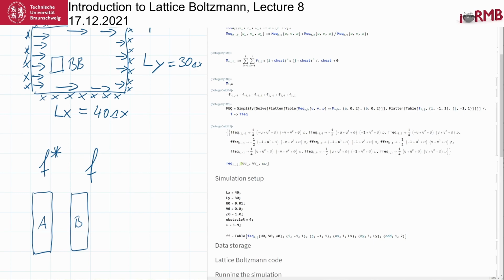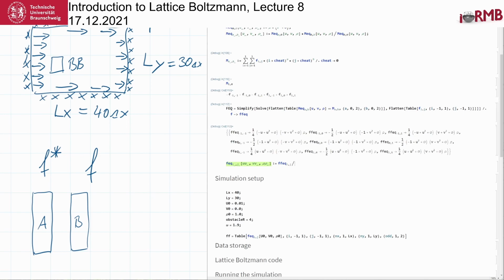These are the incoming ones, this I define as FFEQ, which is the thing that comes into the capital FEQ up here, which again has the indices I and J.